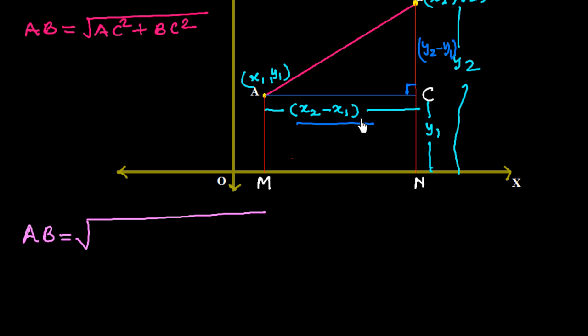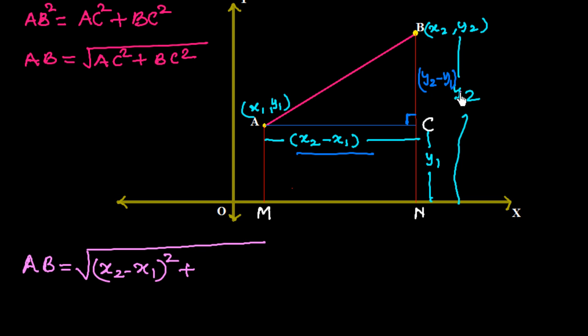AC is x2 minus x1, so we put (x2 minus x1) whole square, plus BC square. BC is y2 minus y1, so we put (y2 minus y1) whole square.